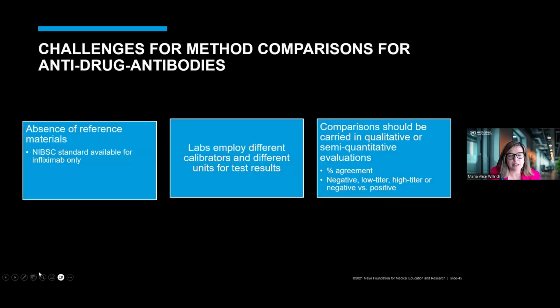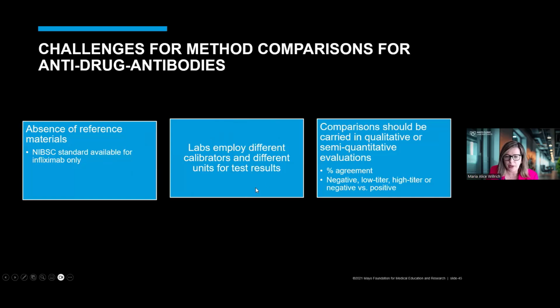Challenges for method comparisons for anti-drug antibodies are numerous. And I think the main one is that there's no reference material. NIBSC actually created a standard available for infliximab using a neutralizing antibody as a standard. And the assays across the different labs will employ different calibrators, different units for test results.